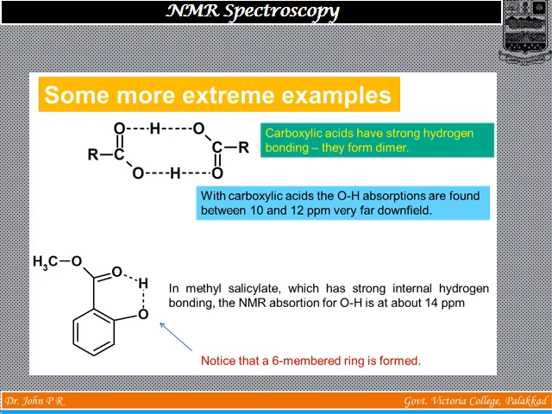Another case is carboxylic acids. The hydrogens of the carboxylic group, the COOH hydrogens, appear in between 10 to 12 ppm, very far downfield or highly de-shielded. Why?